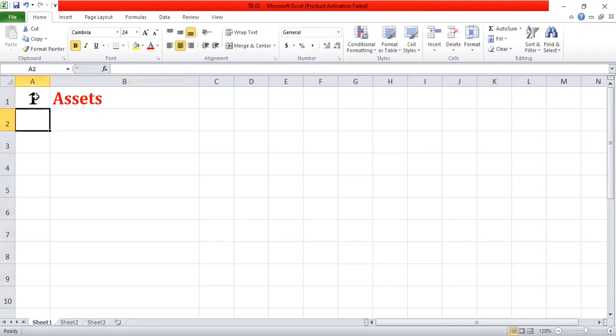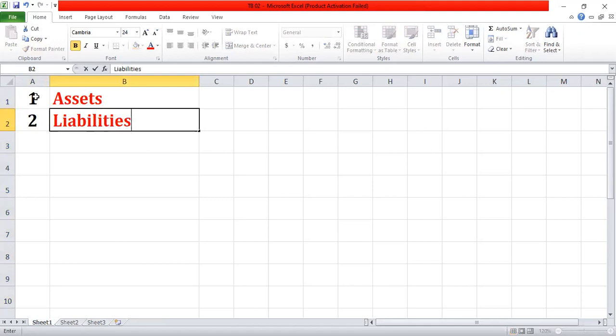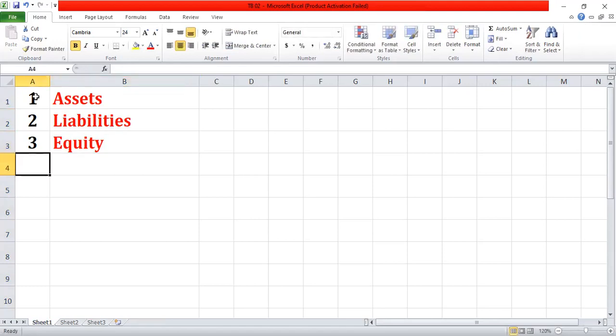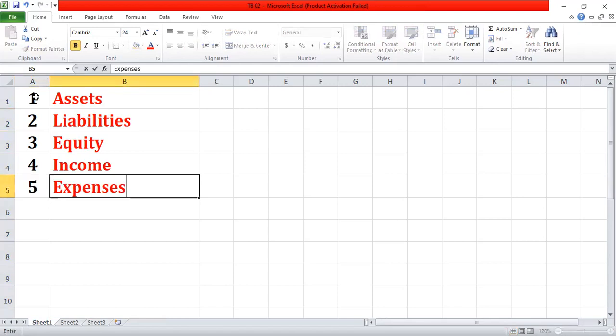Number 2, we have liabilities. The third category is equity, the fourth is income, and the last category is expenses. So these are the 5 categories that we can recognize as the ledger accounts.